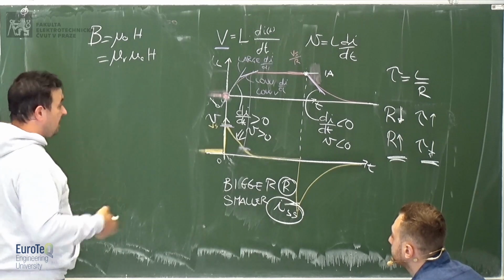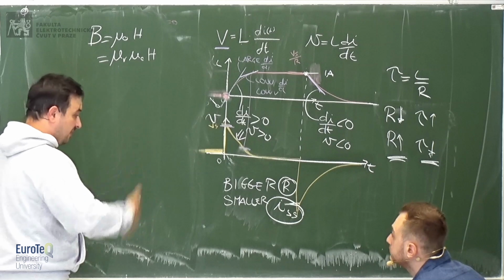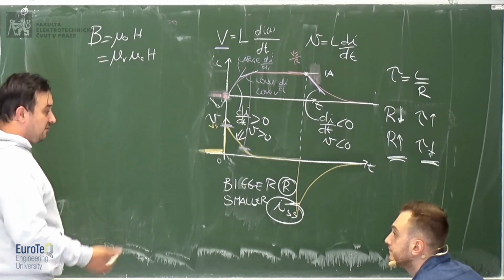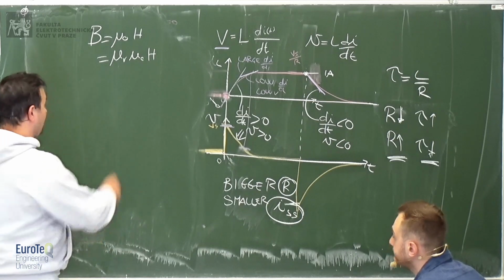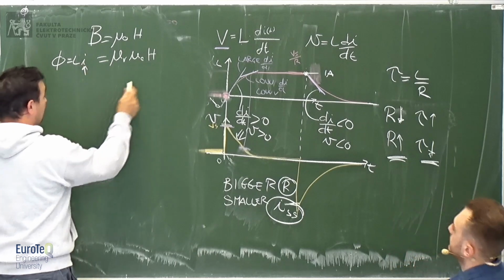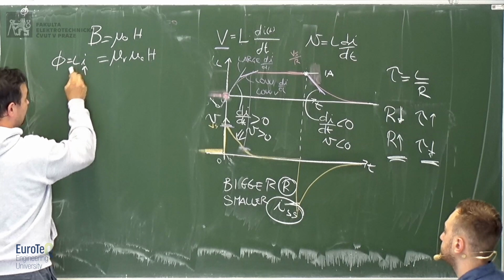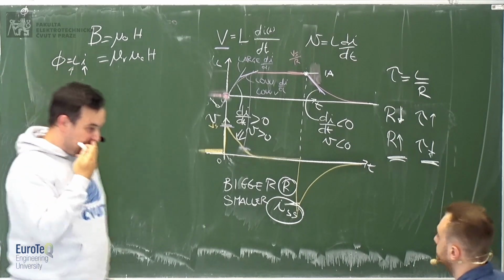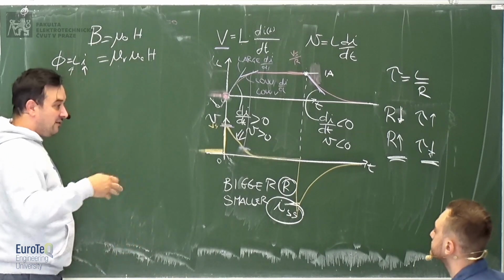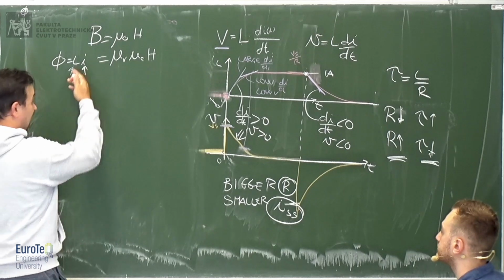For the same current, which generates the same magnetic field H, you get a bigger B, therefore a bigger flux, which means that the inductance is bigger. And we know that with 1/2 L I squared, for the same current, bigger inductance means bigger energy.